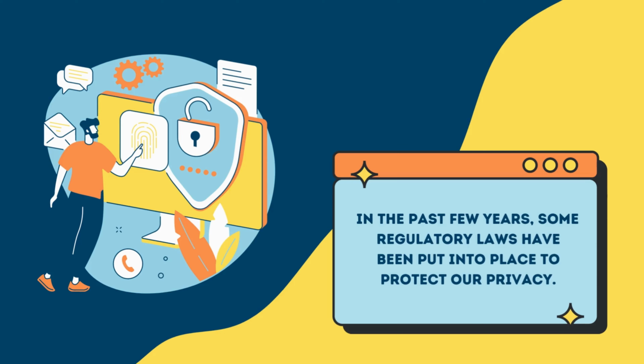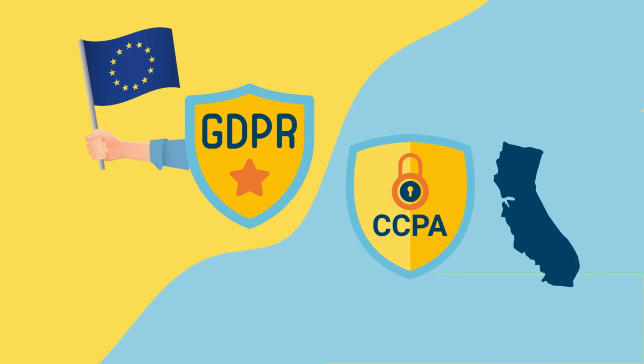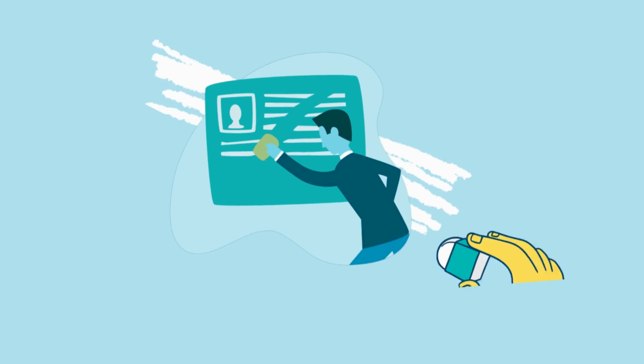In the past few years, there have been some laws that are meant to protect us in the age of AI. In the European Union, the GDPR was passed in 2016. This gives users more control over how companies collect and use their data. Similarly, there's a law in California called the CCPA, which gives California residents control over their personal information and holds companies responsible for protecting it.